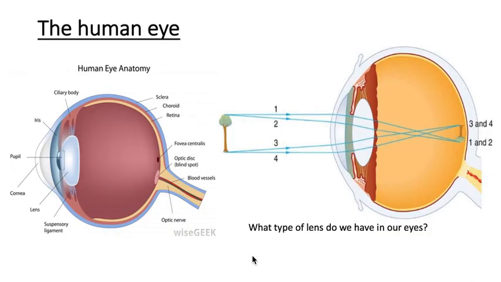So here's a couple of pictures of a human eye, and you can see that the lens in an eye is a converging lens. So here's our object, and the light is being reflected, so the sun's coming and reflecting the light off a tree here.